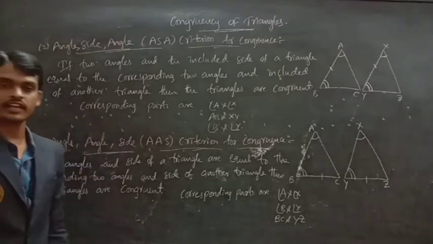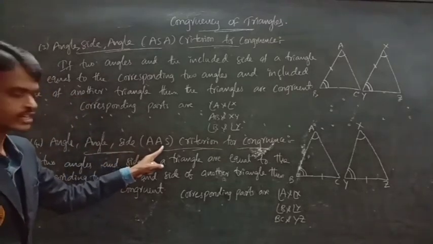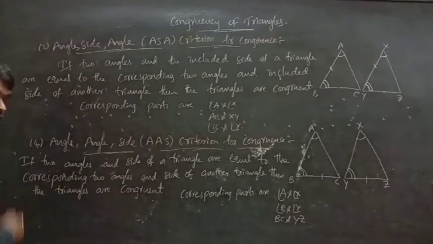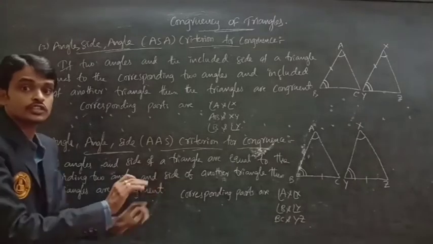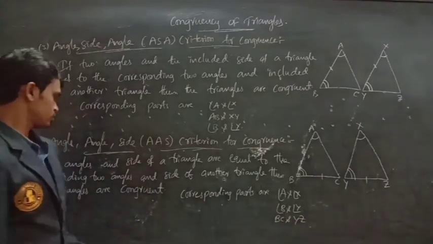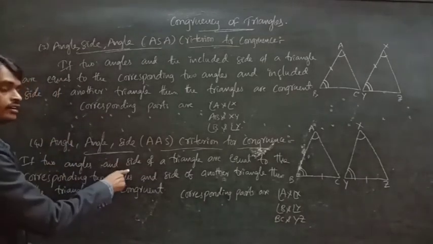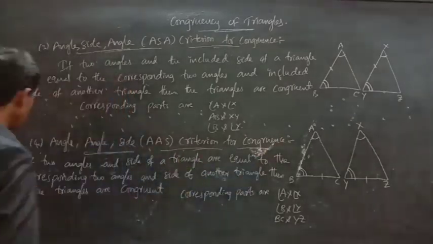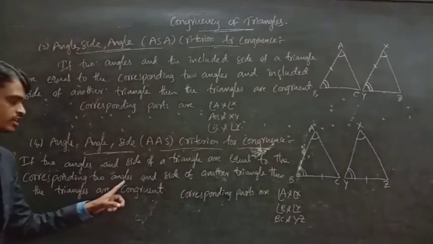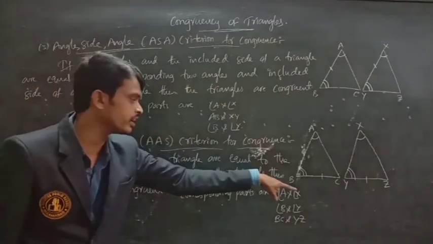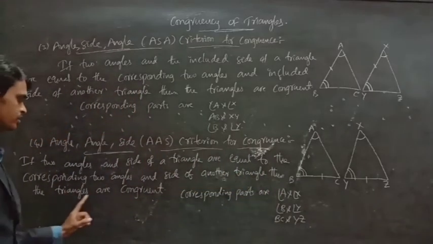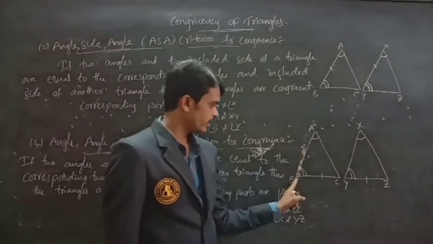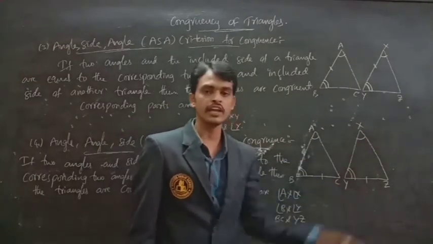Next, angle angle side criterion for congruence. So here two angles and the side which is not the included side. Two angles and a side of a triangle are equal to the corresponding two angles and side of another triangle, then the triangles are congruent. Look here, triangle ABC and triangle XYZ.